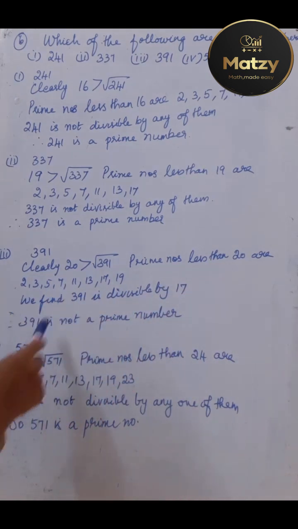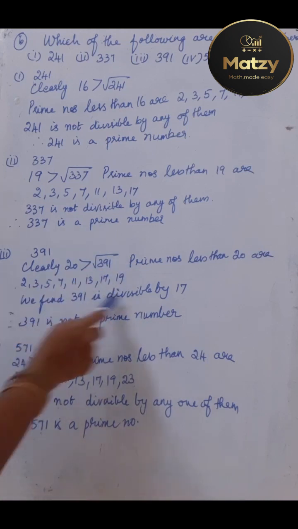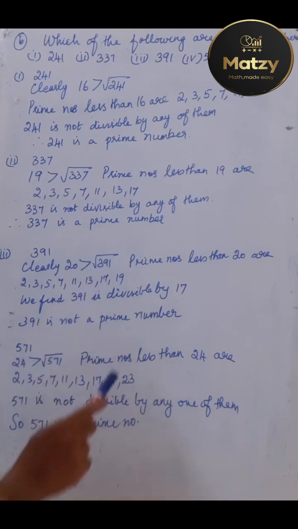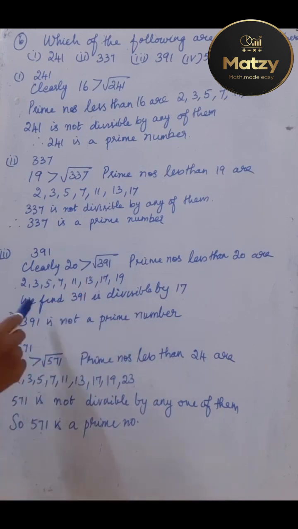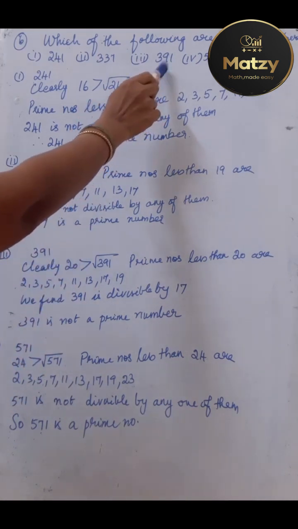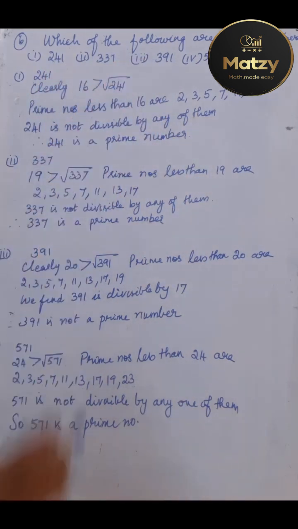Now you should see whether these prime numbers are divisors of 391. 391 is divisible by 17. So 391 is not a prime number. Same process you should do for this. Finally, we are getting the answer as only 391 is not a prime number. Remaining all the three are prime numbers. That is the concept.